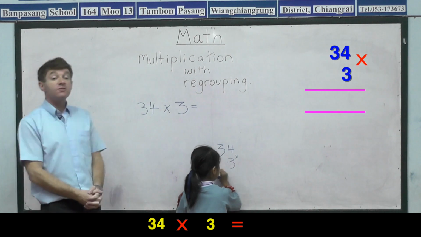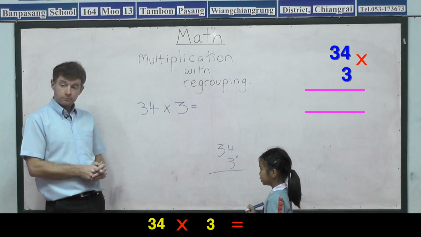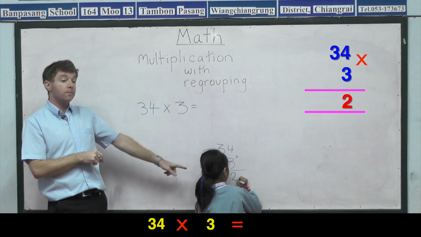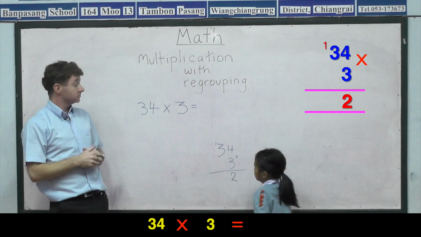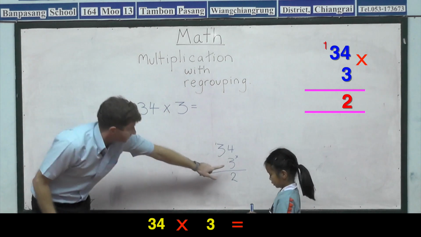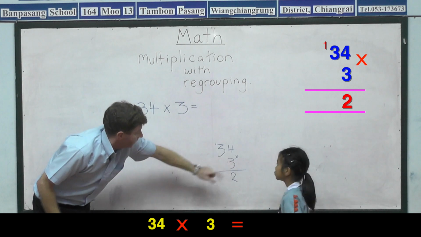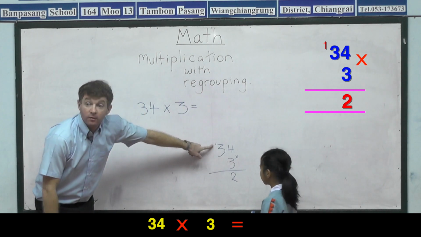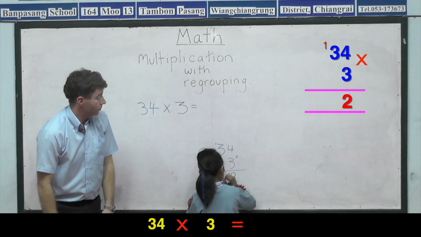So what's the first thing we do? 4 times 3 equals 12. So what do we write in the ones column? 2. And we carry over the 10. Excellent. And our next step is to go 3 times 3 equals 9. Plus 1 equals 10. 0, 1.